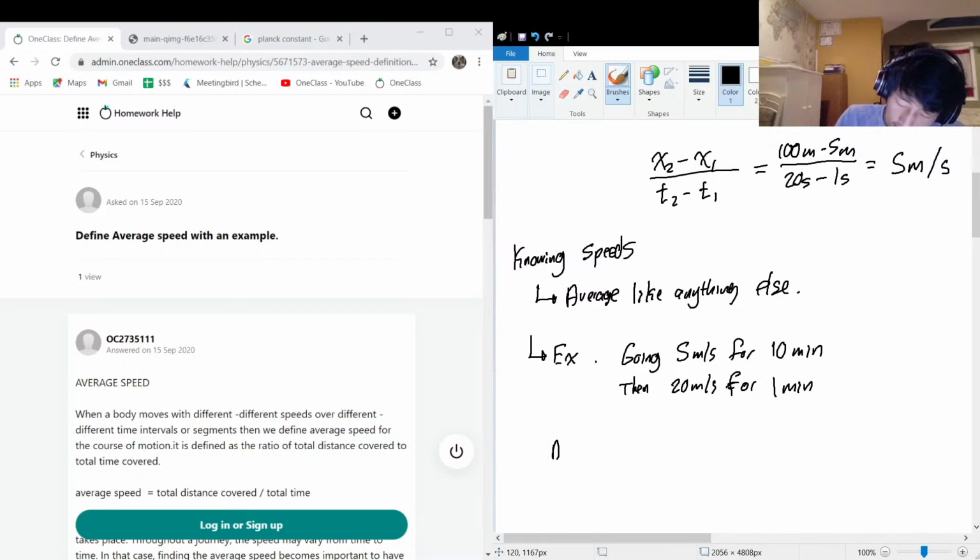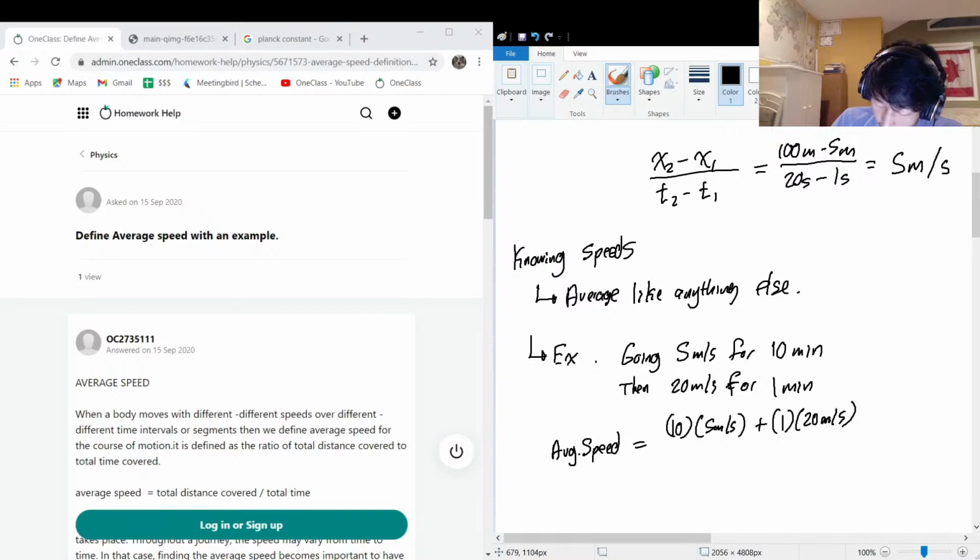Average speed would be, well, it would be 10 times 5 meters per second plus 1 times 20 meters per second. Divide that by the total of 11 minutes that we were driving.